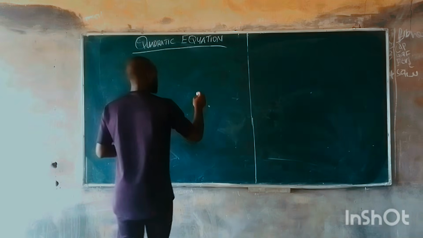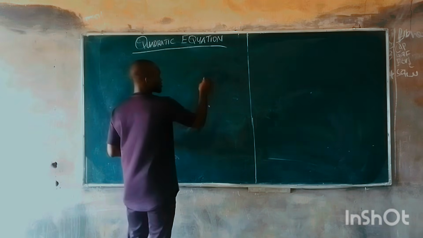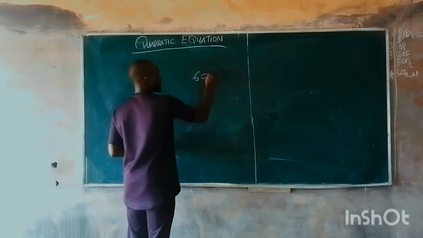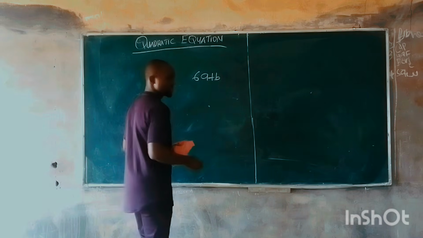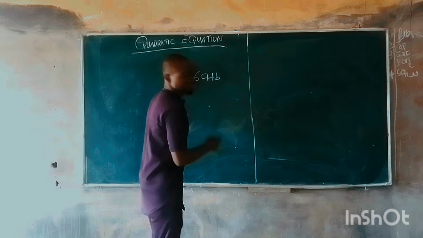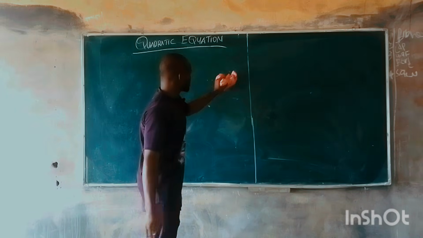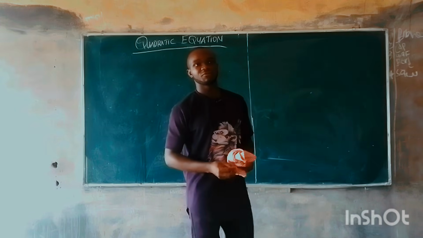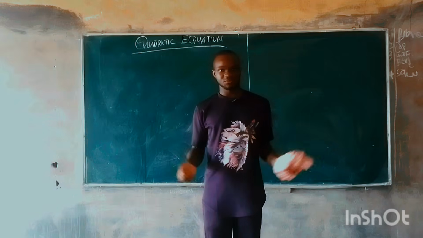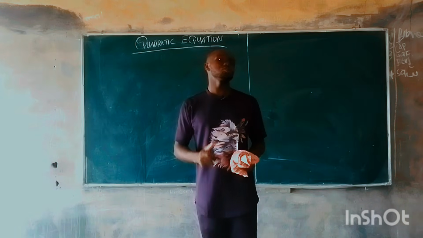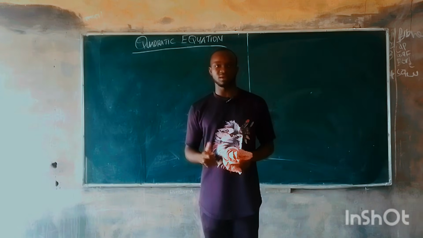For example, in mathematics you see something like 6a plus b. Whenever you see alphabets and numerical digits together, that speaks of algebra. Then we have algebraic equations and algebraic expressions. A quadratic equation is an example of an algebraic equation.